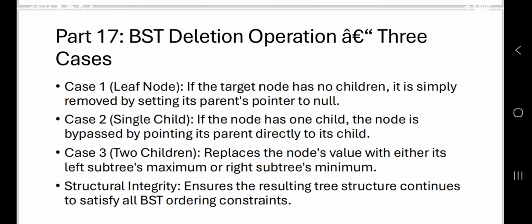Case number 3, the two children. We replace the node value with either its left subtree maximum or right subtree minimum. All of these guarantee structural integrity, ensuring the resulting tree structure continues to satisfy all BST ordering constraints.